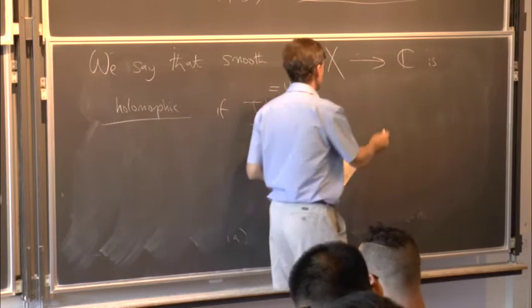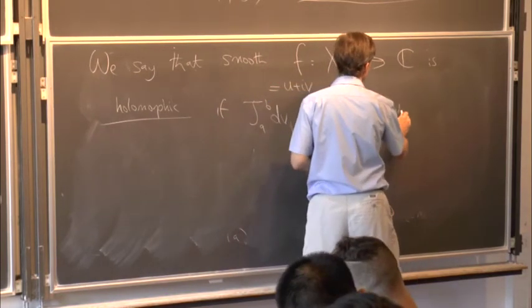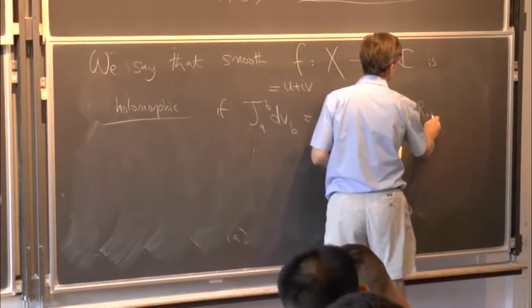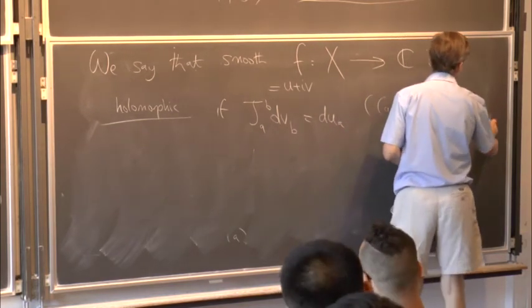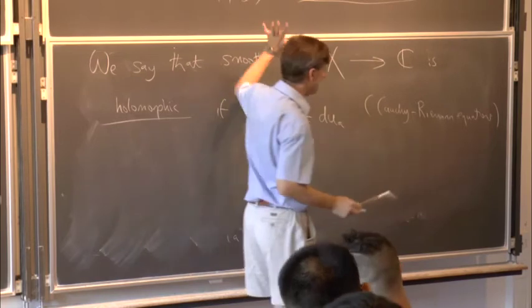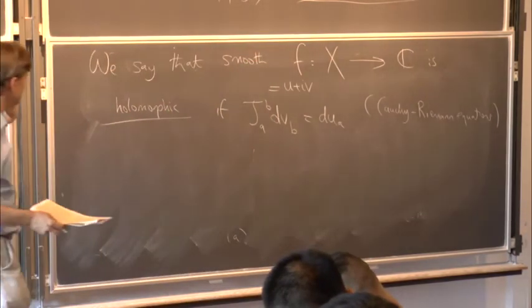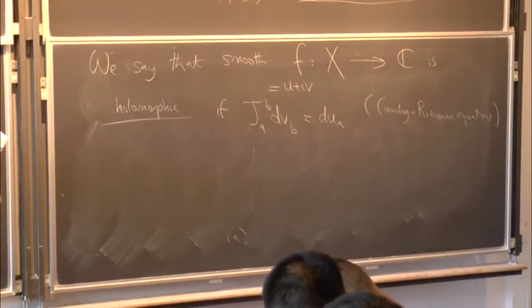So this is just the standard Cauchy-Riemann equations of complex analysis, at least if you do this, let's say, on C with the obvious almost complex structure.